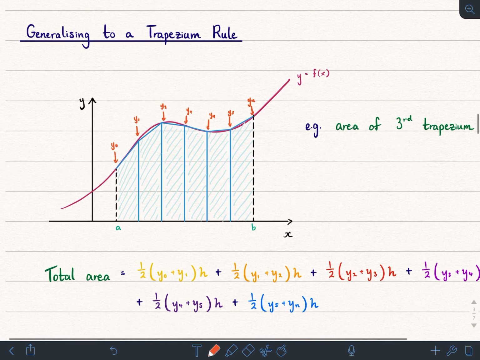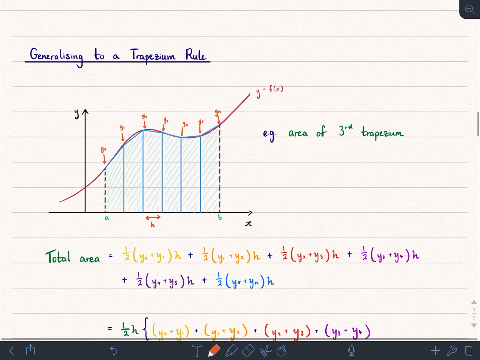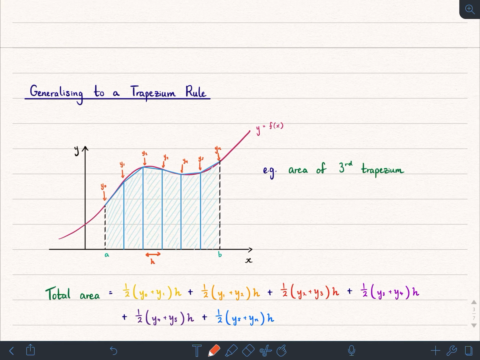And finally, h we can just define as being the width of a bar. I know it's really confusing because we always see h as being height, but you'll just have to take my word for it. This is what you'll have to get used to seeing. So if you want to have a go at deriving this, go for it. Otherwise, I'm going to try and generalize this with you.